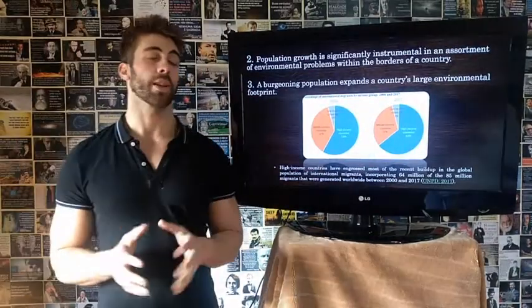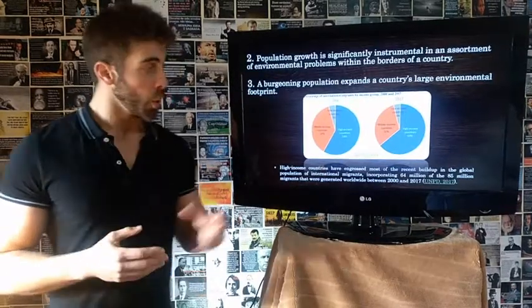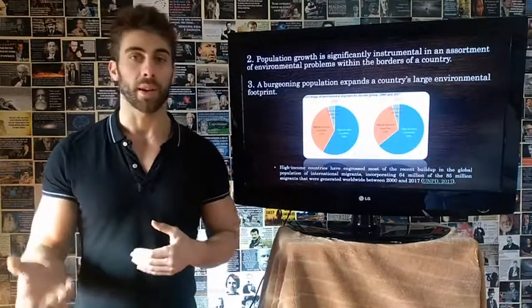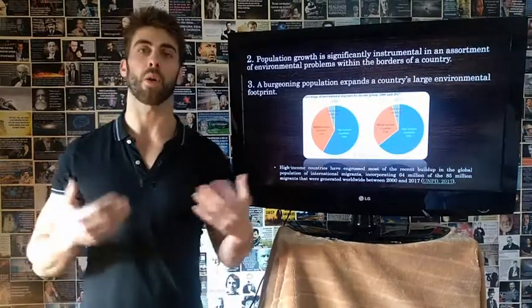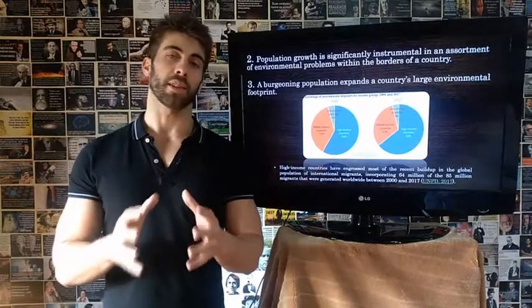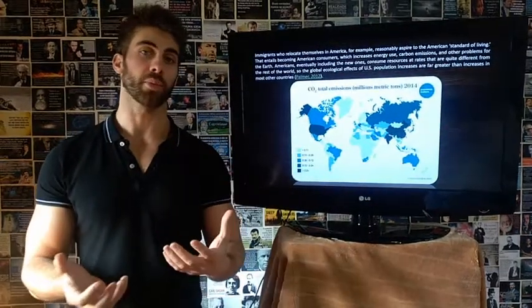A burgeoning population expands a country's environmental footprint. We know that international migrants have been moving from low-income countries to middle or higher-income countries. This means that most of these migrants come from countries with a lower ecological or carbon footprint.